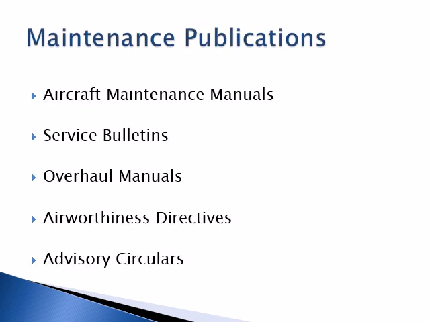When it comes to maintaining aircraft engines, having the right documentation is critical. Maintenance publications are official documents that guide technicians in servicing, inspecting, troubleshooting, and repairing aircraft engines and systems.